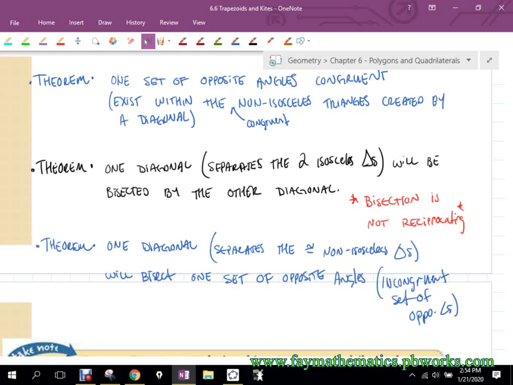Is that all right? So those are your 4 theorems that we deal with for a kite. Like I said, your textbook only shows one of those, which I think is kind of misleading, because you're going to need those other facts as we move through finishing that 6.6 assignment.